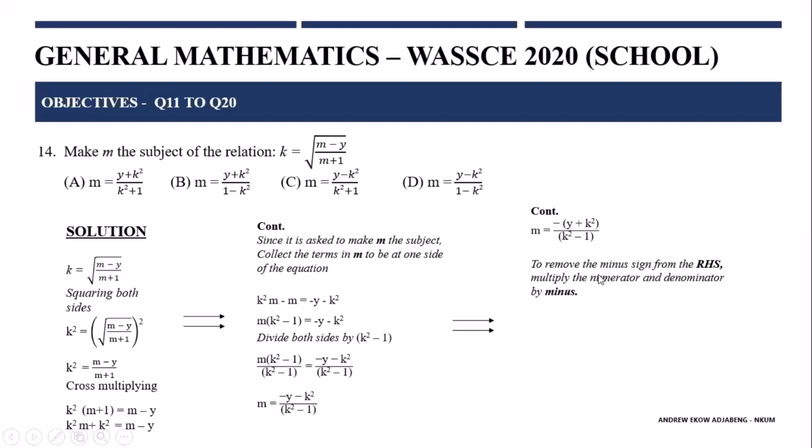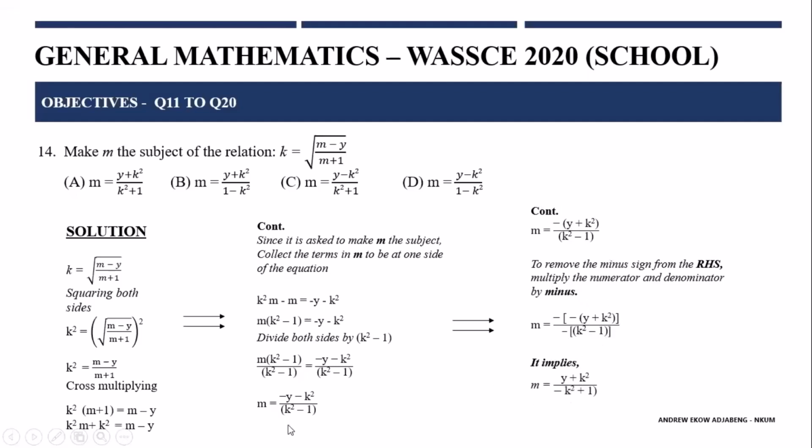If we remove the minus sign from the right-hand side, we multiply the numerator and denominator by minus. And then after this multiplication, m equals minus, multiplied by this value in the bracket, and then the same for the numerator.